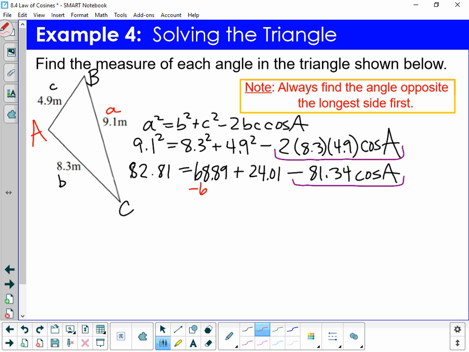So we can move these numbers over by subtracting them from both sides.